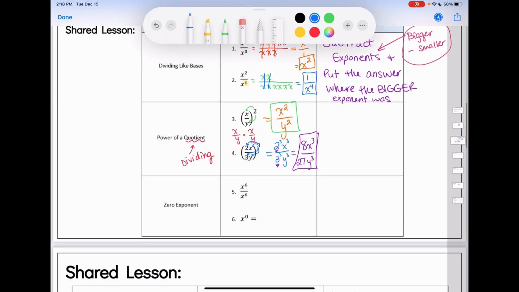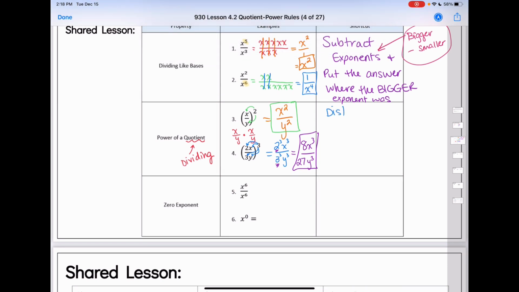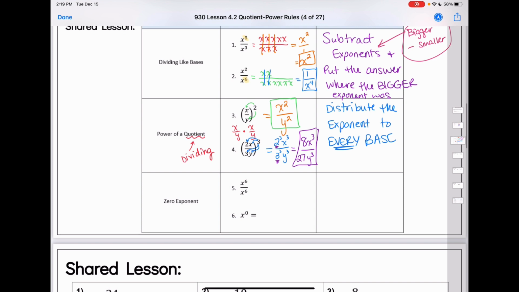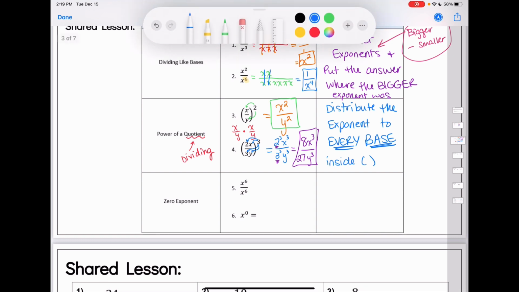So I distribute the exponent to every base inside the parentheses, whether it's on the top or the bottom, it doesn't matter. So same thing as product here on this one.